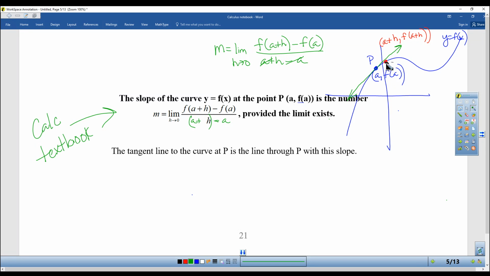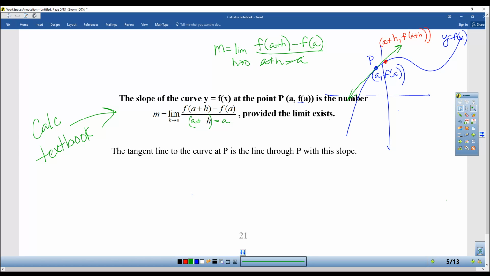Notice that line would look different if I actually used the red point. But the line with that instant slope, that slope only at point A, the tangent line has that slope. So you're going to hear about tangent lines and slopes and things like that. They all fit together.